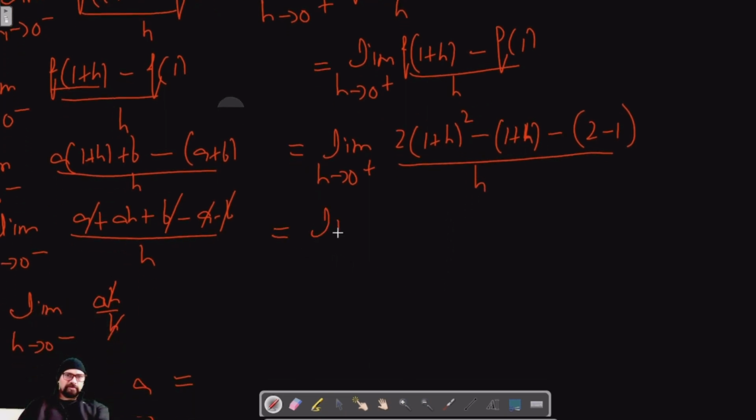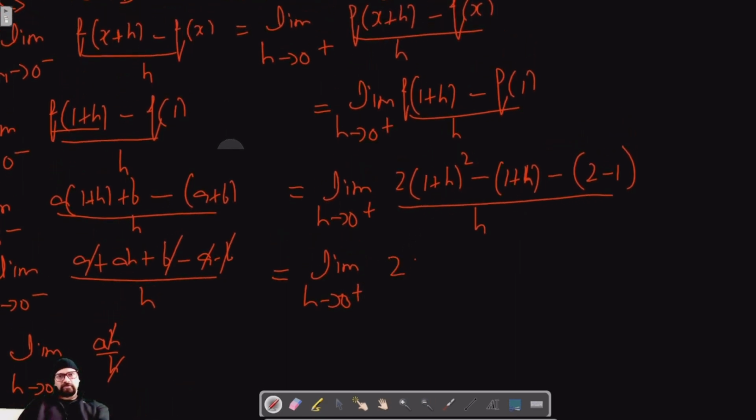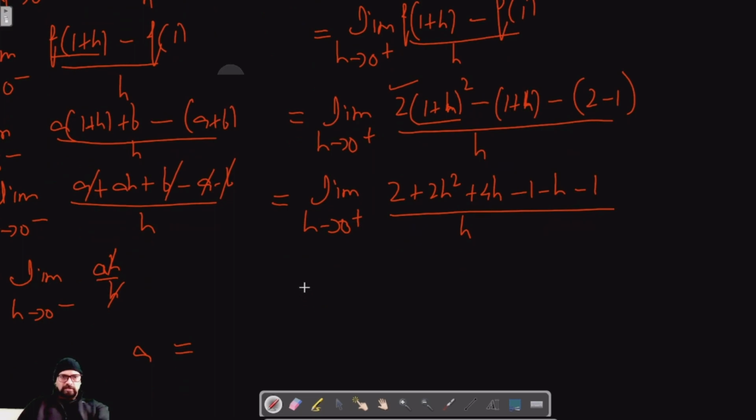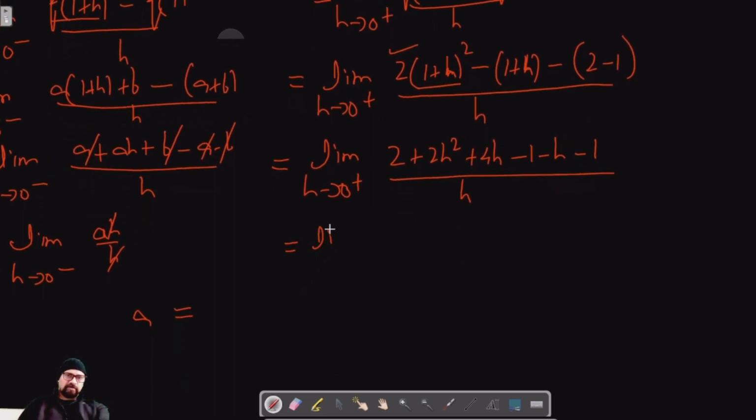Okay, so let's open up the bracket. I'm opening up the bracket and at the same time multiplying it with 2. So this is 2h square plus 4h plus 2 minus 1 minus h minus 1 upon h. Finally, with limit h tends to 0 positive, 2 minus 1 is 1, so this gets cancelled with the 1, and we have 2h square plus 4h minus h upon h.